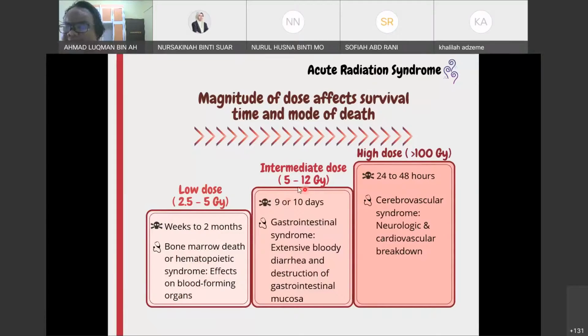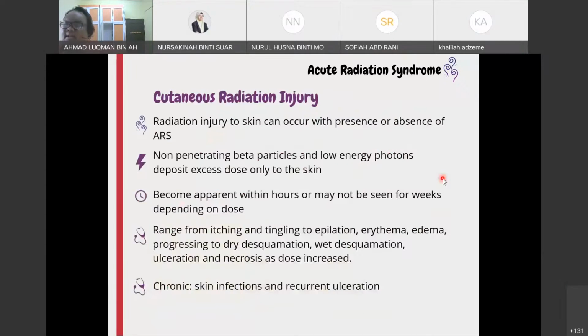For an intermediate dose, around 5 to 12 grays, 9 or 10 days, gastrointestinal syndrome occurs, with diarrhea and destruction of the gastrointestinal mucosa. A high dose is more than 100 grays, where the effect is seen within 24 to 48 hours, like within 2 days: the cerebrovascular syndrome, a neurologic and cardiovascular breakdown.